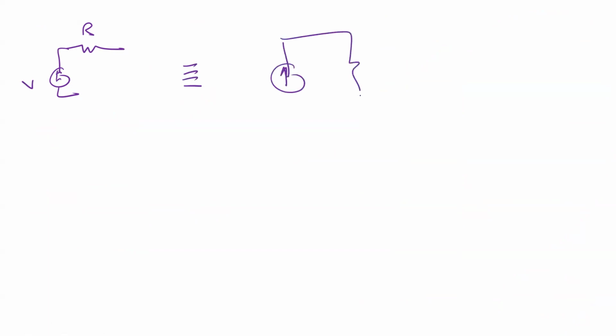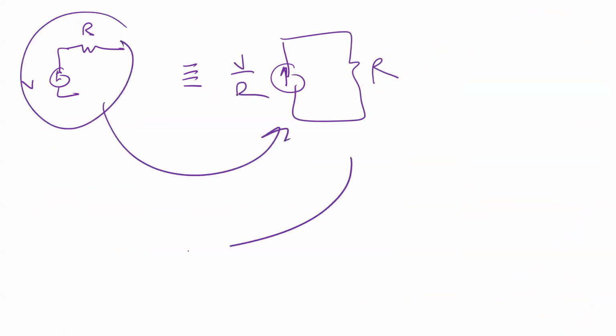From what we explained before, if you have here R and you have V, this is exactly equivalent to a current source with also R here, but with V divided by R. If you have this one, you can convert to this one, and if you have this one, you can go back to V. It's easy to do it this way.